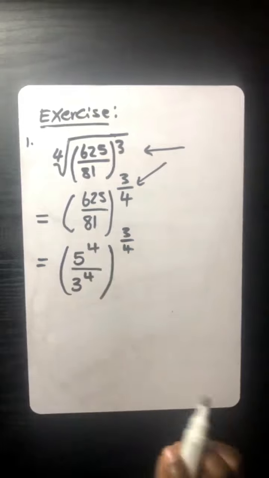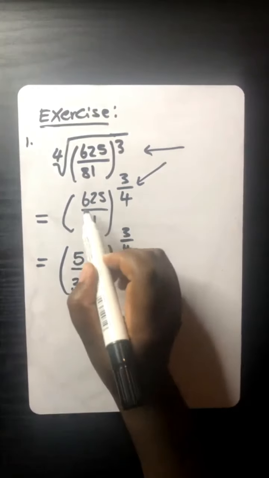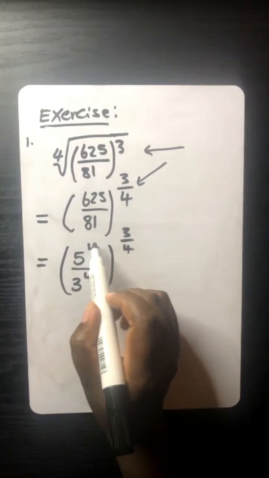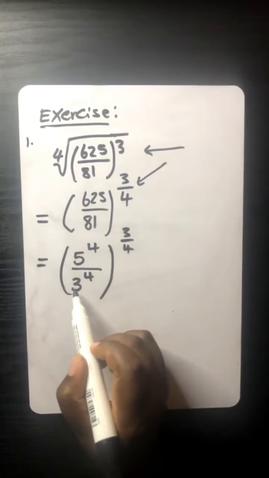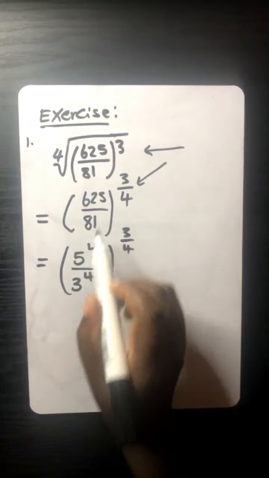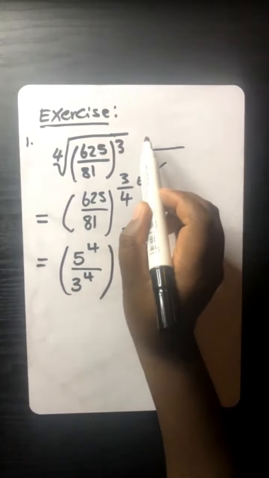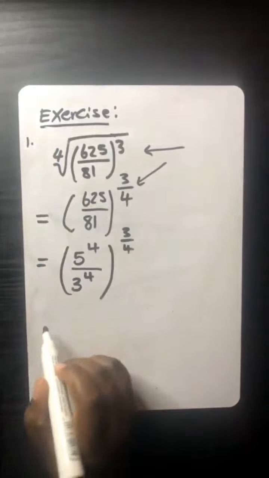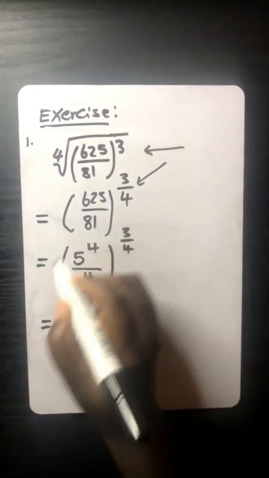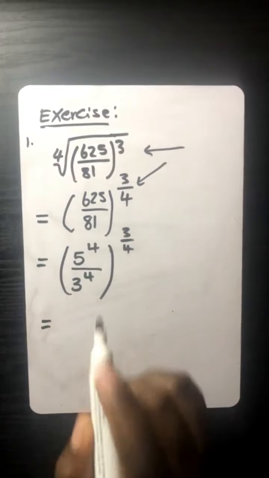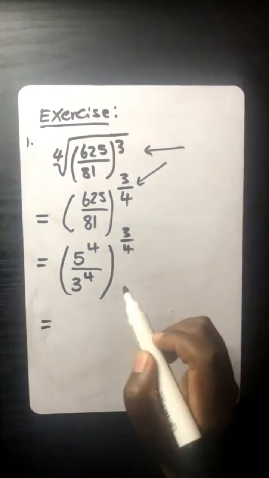Ladies and gentlemen, if you are able to notice that that is the same as 5 to the exponent 4, and 3 to the exponent 4 is the same as that, then can you see, you moved from surds to exponential form. Now you apply those rules that we did for the exponents.